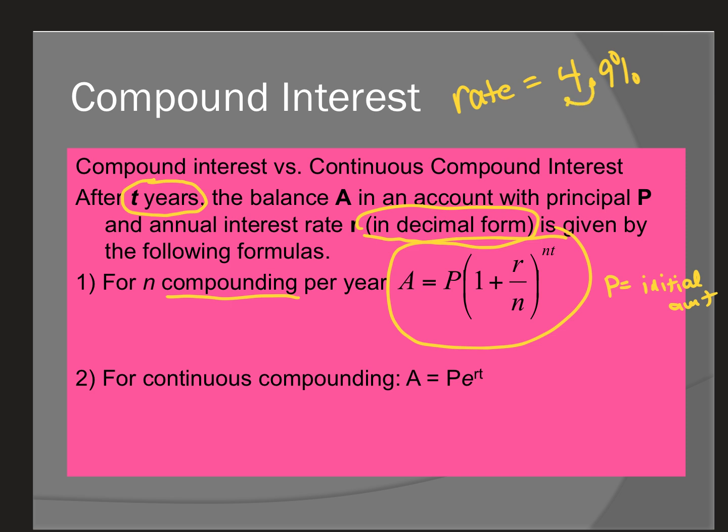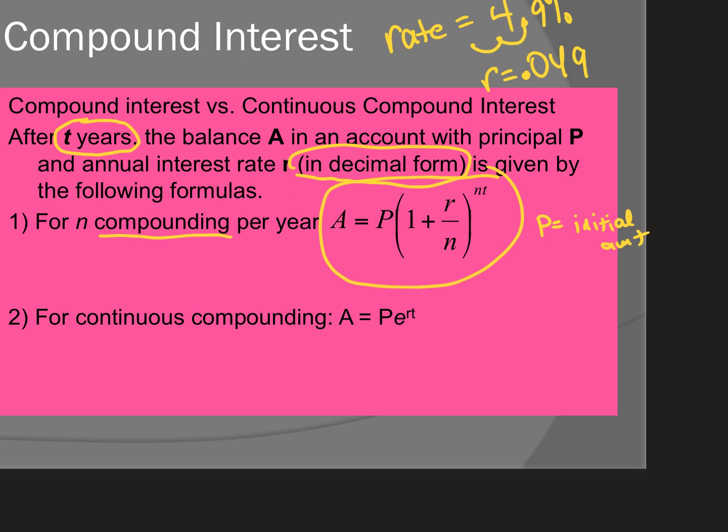Your interest rate that you would plug into your formula is 0.049. I understand the interest rate has the decimal in it, but if that percent sign is there, then I have to move the decimal place over too. That is going to make a huge difference in your calculations if you put 4.9 when it should be 0.049. Just please be aware of that.